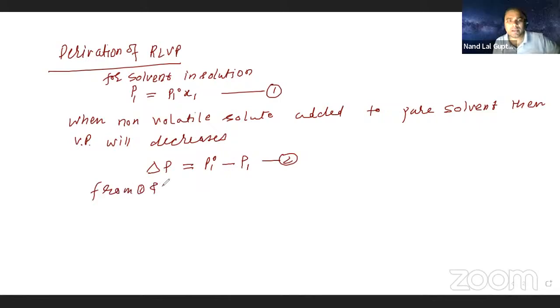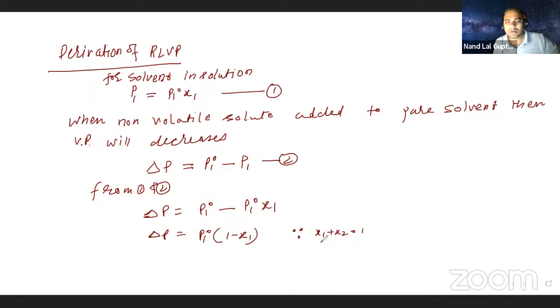From 1 and 2, what can we write? Delta P is equal to P1 naught minus P1 naught X1. So delta P is equal to P1 naught, taking common, 1 minus X1. And we know X1 plus X2 is equal to 1, so X2 is equal to 1 minus X1.